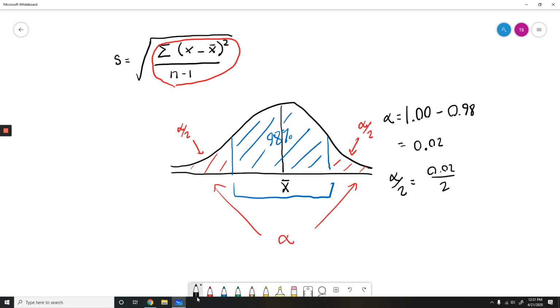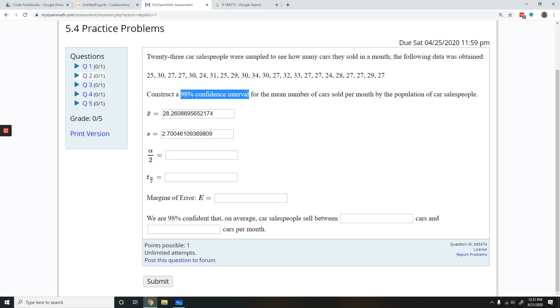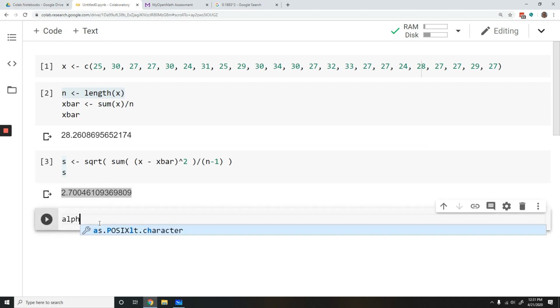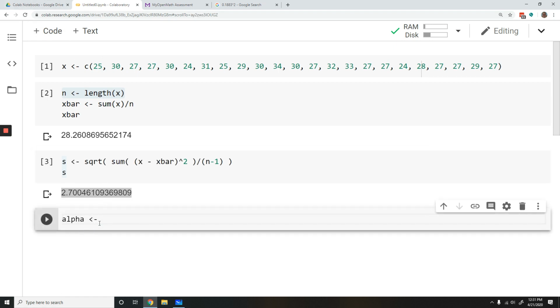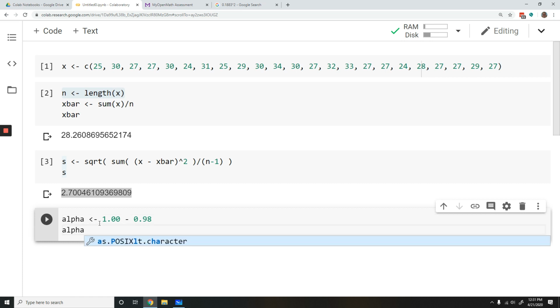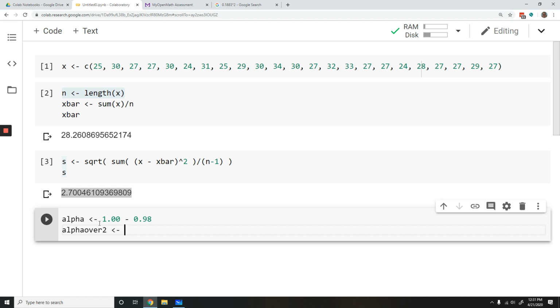Okay, and if you want to, you could always do that in the notebook. So the alpha, the bit that's left of the tails, is 1.00 minus our confidence level. And what we really want is alpha over 2, which is just half of alpha.